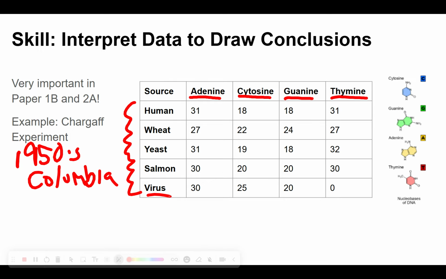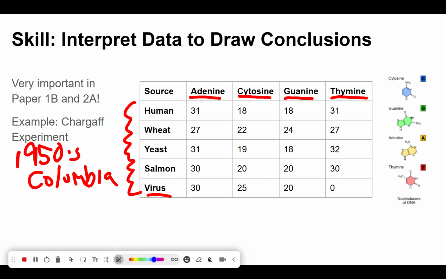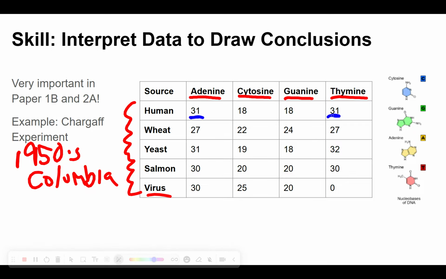If you take a minute to look at this data, you will hopefully notice that in the majority of these samples, adenine and thymine are present at roughly the same ratio, and cytosine and guanine are present at roughly the same ratio.